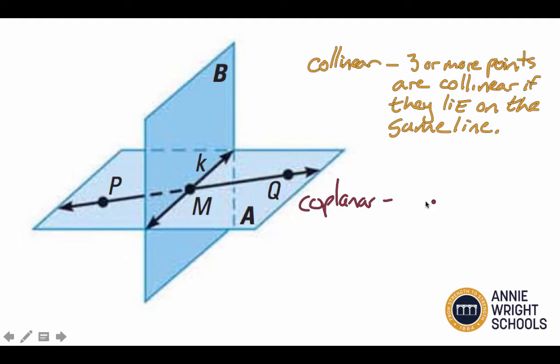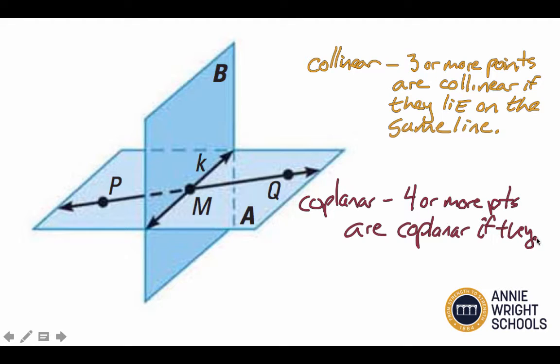Coplanar. 4 or more points are coplanar if they lie on the same plane. And I need to get a better definition because it could be about points, but it could be points and or lines.